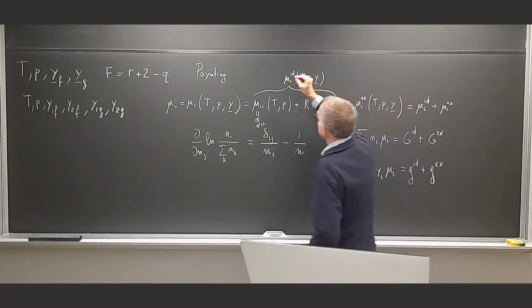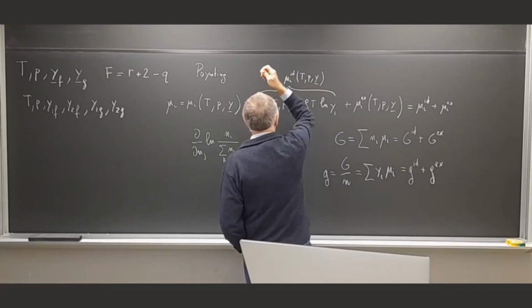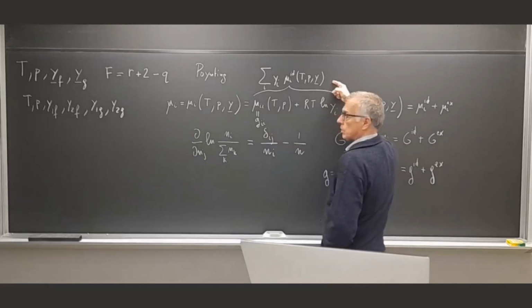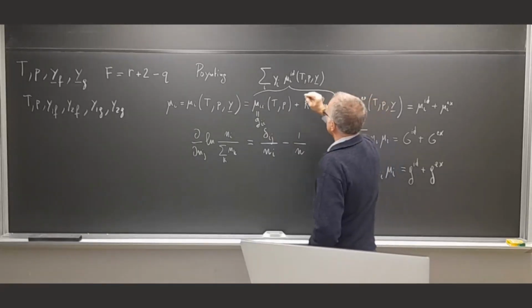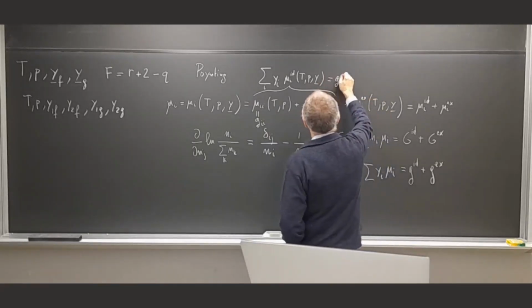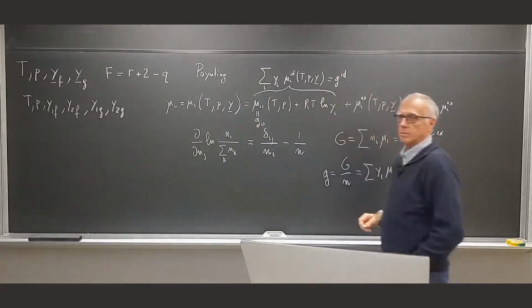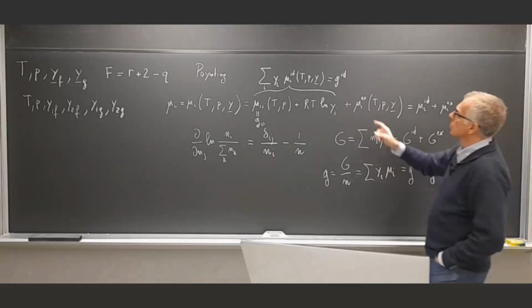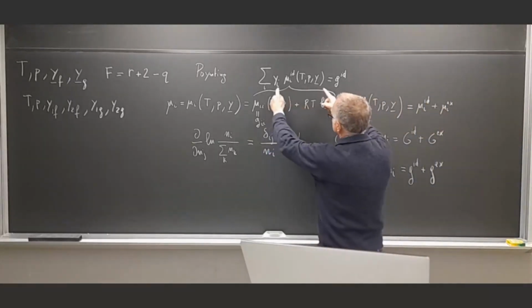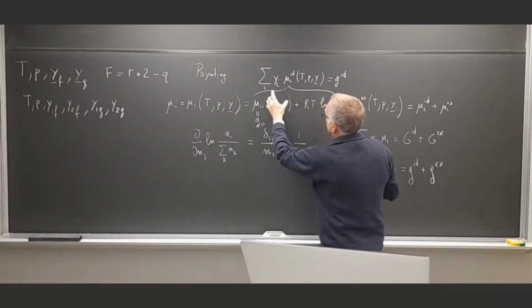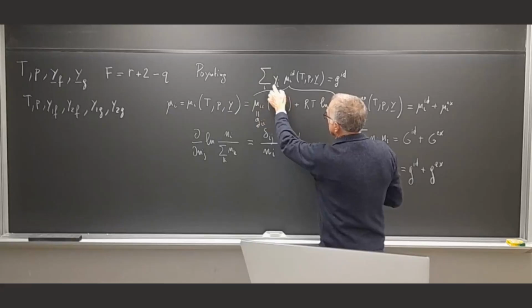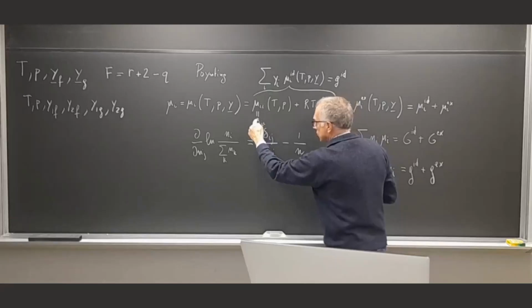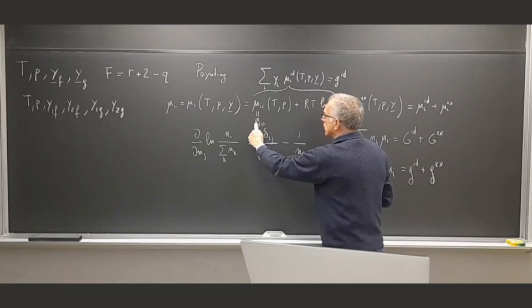So if I take that, let's see if I can do this like this. Take the weighted sum of these ones, that gives me G small id. So you see that in this summation, I have two contributions. One is the weighted sum on the mole fractions of the pure component chemical potentials, which are equal to the pure component Gibbs free energies.